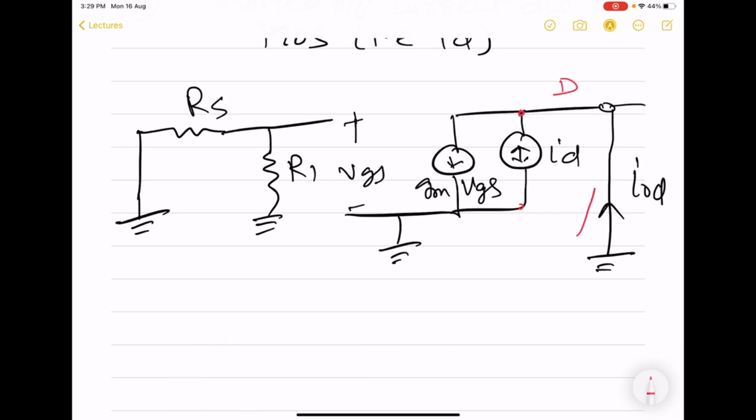So actually there is a short circuit across this ID current source, and the entire ID will take this path because it has a zero impedance path in this loop. So it turns out that IOD will be equal to simply ID.